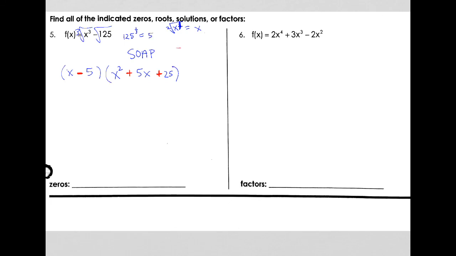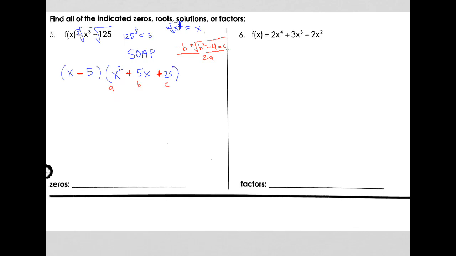So that's opposite b plus or minus the square root of b squared minus 4ac all over 2a. And so we know this is our A, this is our B, and this is our C.